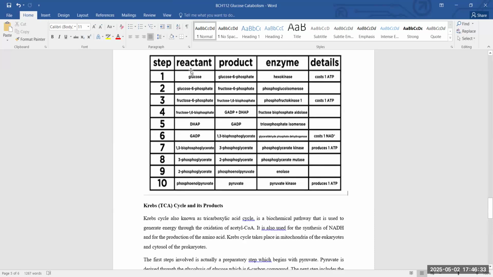TCA cycle. Anybody with a question on the glycolytic pathway? Yes, I'm listening, please.